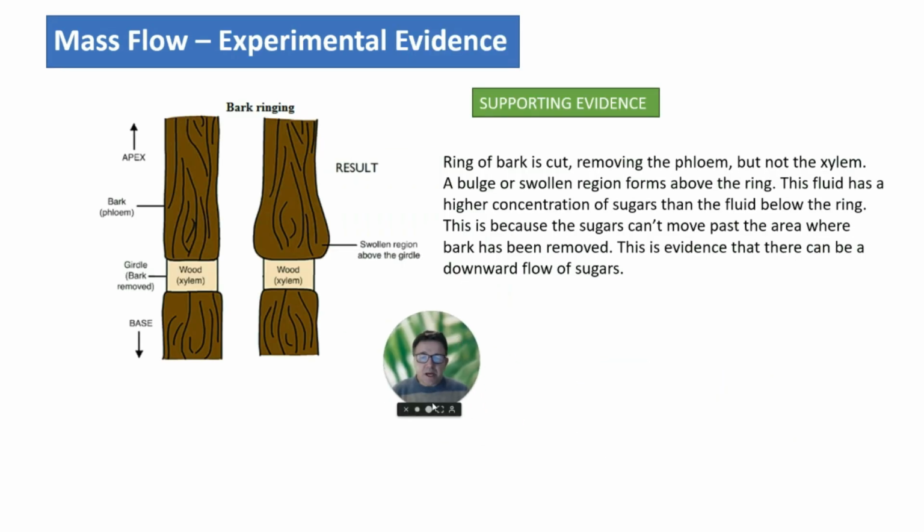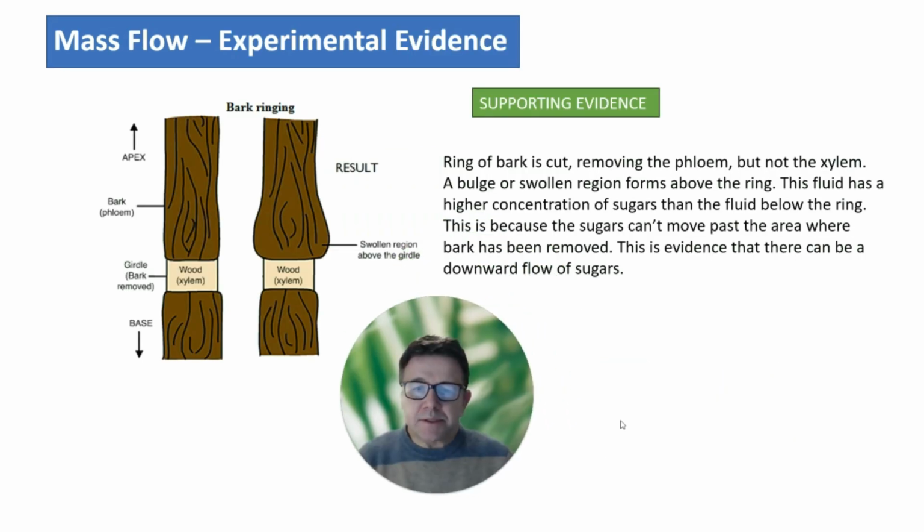The first kind of experimental evidence that I'm going to talk about is what we call ringing experiments. You can see on the diagram that the bark is removed. When they remove the bark, they're removing the phloem, but not the xylem.